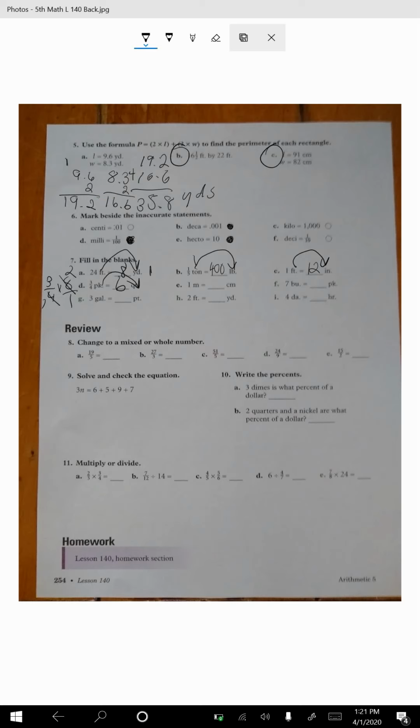1 meter is how many centimeters? You can just remember what centimeters means. 100 centimeters. So 1 meter is 100 centimeters. 7 bushels is how many pecks? Just as a review, remember it starts out with quarts. Takes 8 quarts to make 1 peck, right?